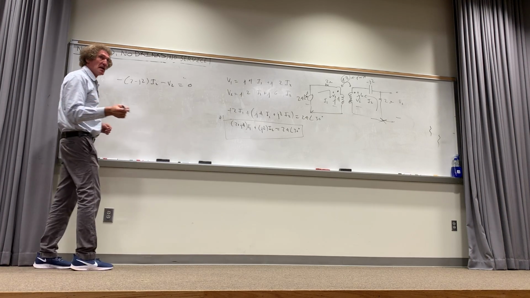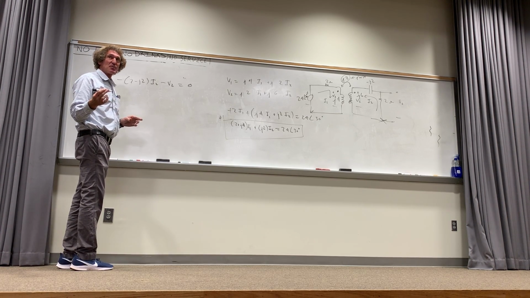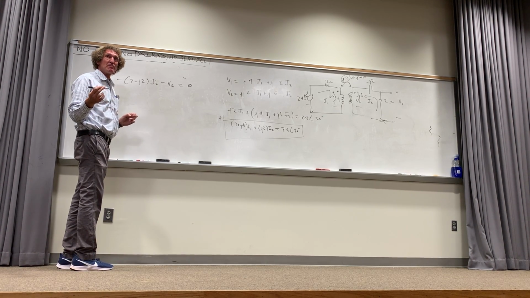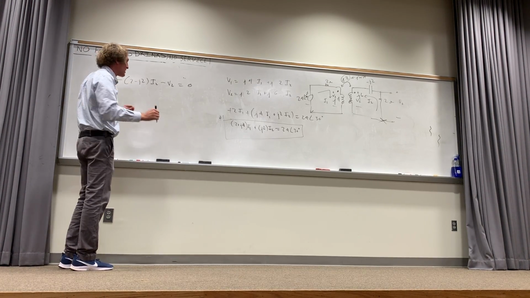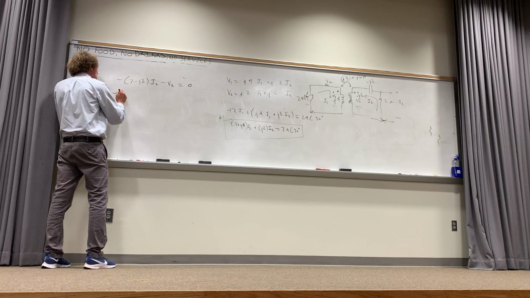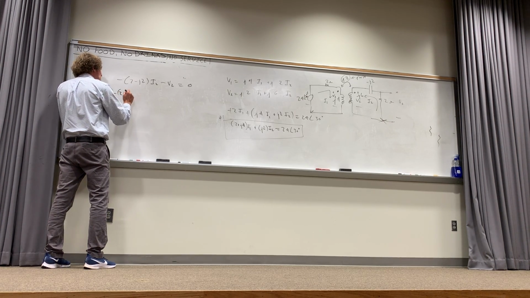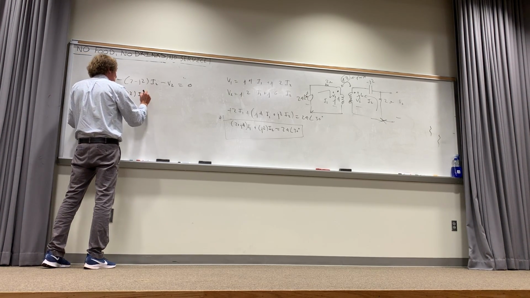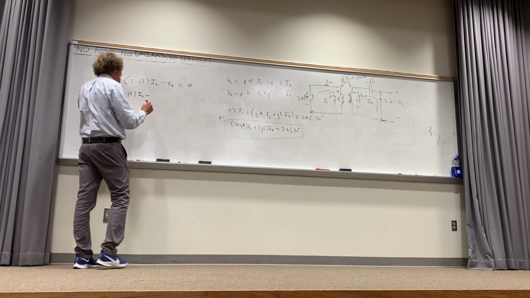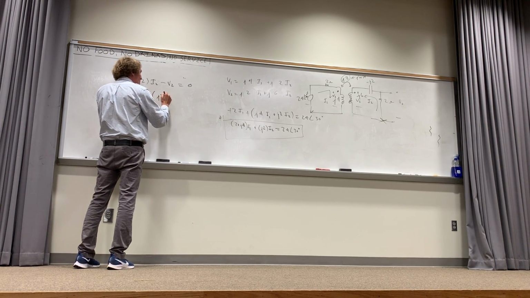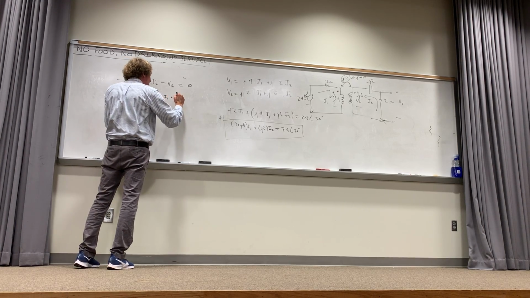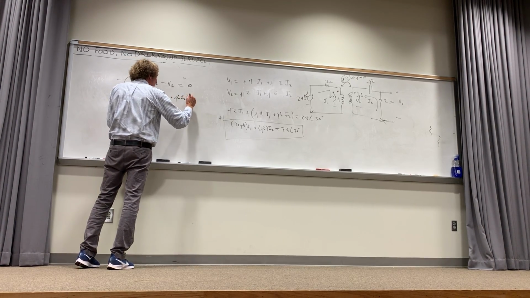Please stay with me on this, because these problems are the ones where people start really getting dinged, especially when you get into power. They get clobbered right here. So now I have minus quantity 2 minus J2 times I2 minus V2. There's my V2. Put a quantity right there, and then put J2 I1 plus J6 I2 equals 0.